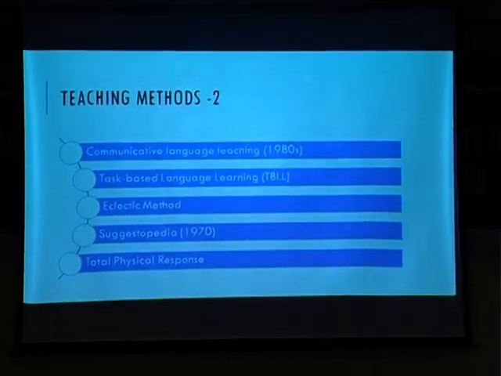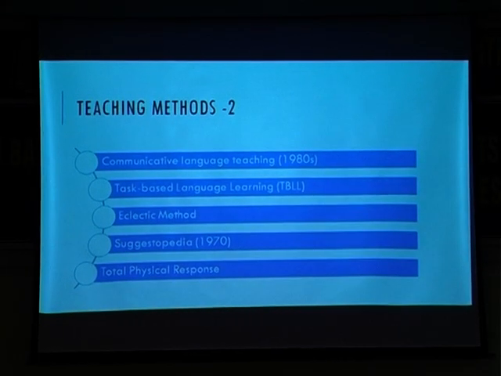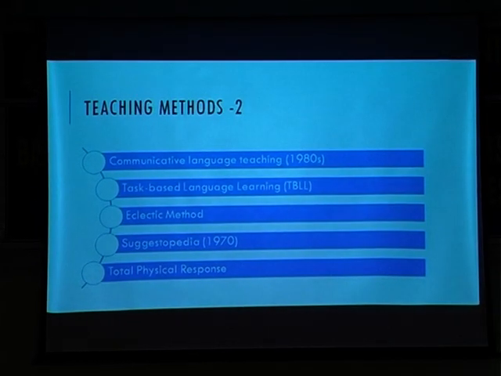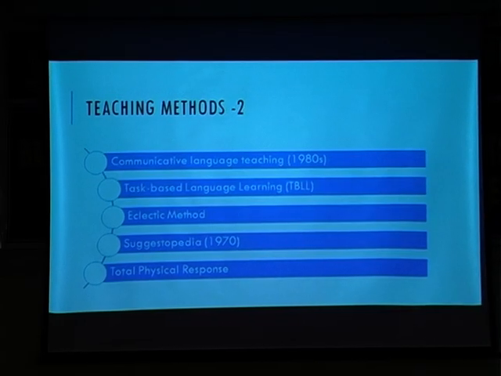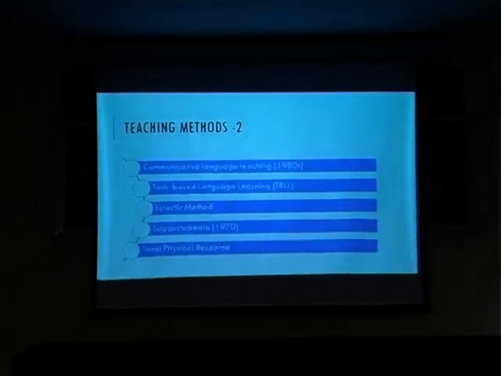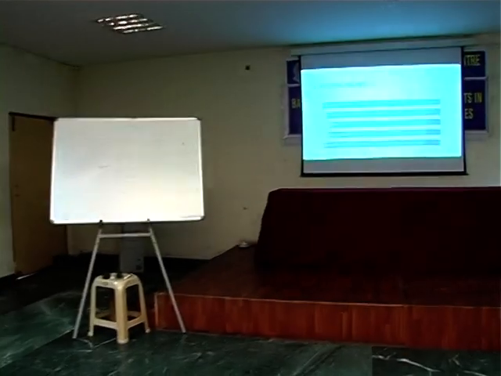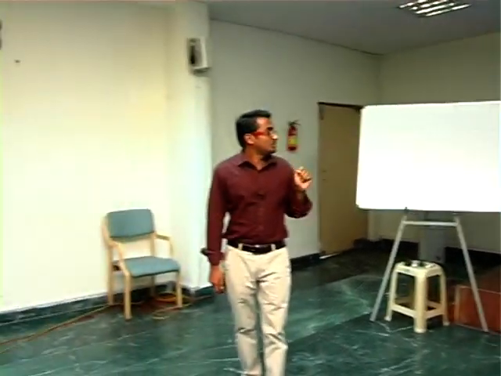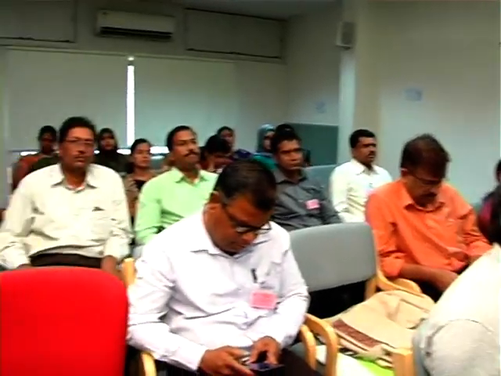And then in the 1980s, some people proposed communicative language teaching, community language learning, and TBLT, task-based language teaching. And some people said that one single method will not suit any classroom. That's why we have to choose the best parts of the methods and make an eclectic method, which is a combination of several methods.